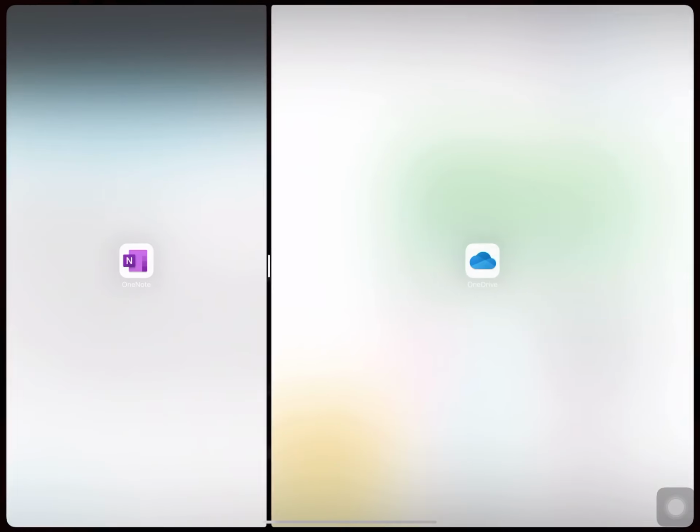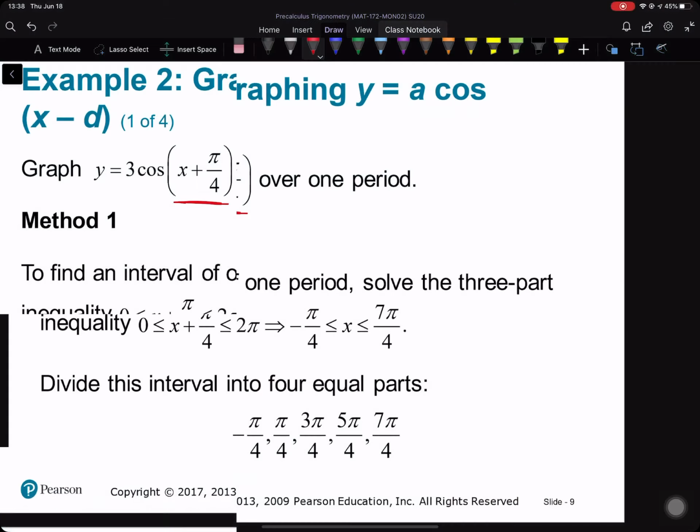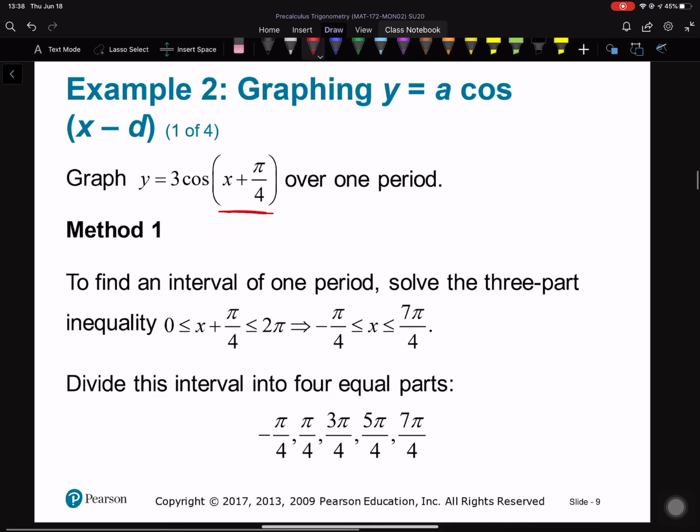So let's go back to what we have in 172, dealing with the shifting of trigonometric functions. The same things that we talked about with making a table still apply here. Our b in this case is equal to 1, which implies that the period of our function is going to be equal to 2 pi.